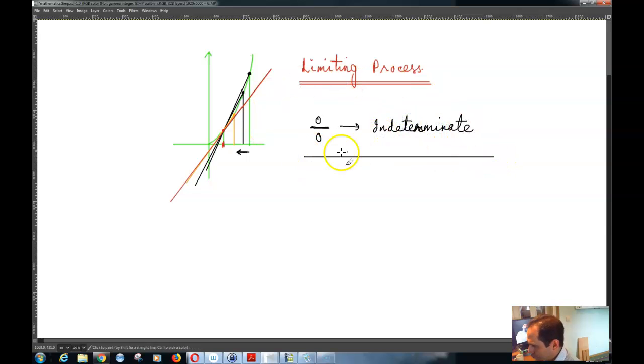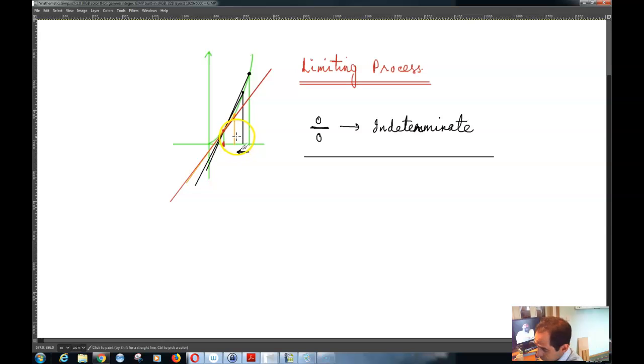The beautiful thing that the limit does is that it actually takes care of the 0 divided by 0 case, and it will give you some answer in the limit, which is pretty amazing. That's basically what it does.